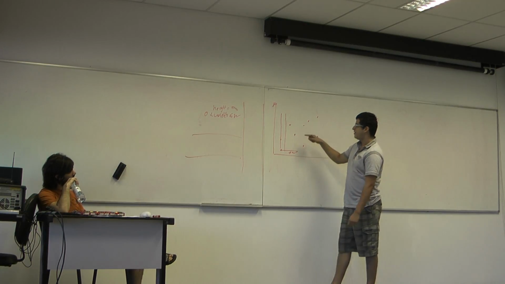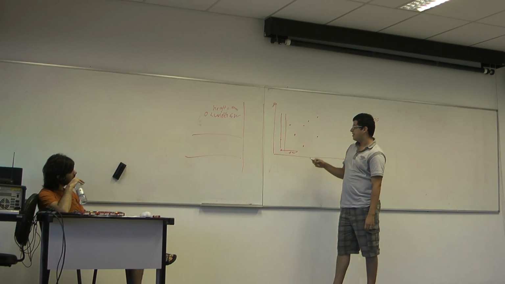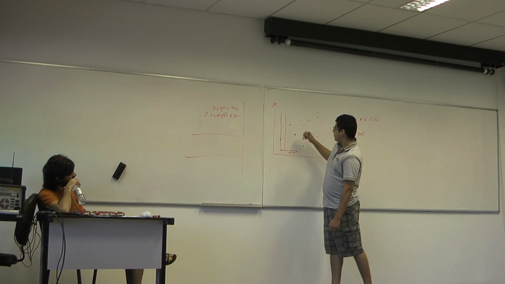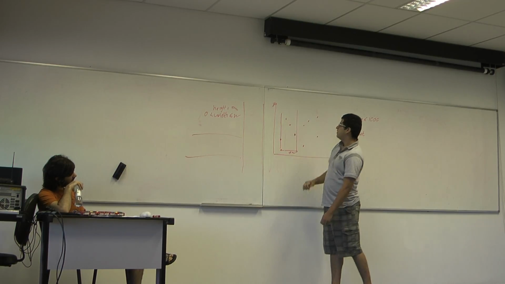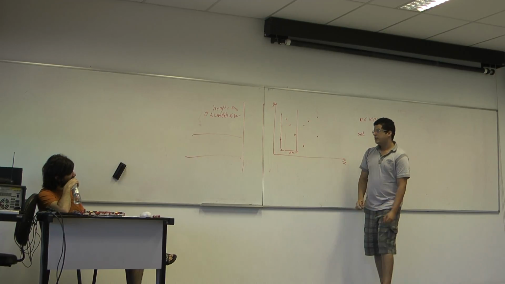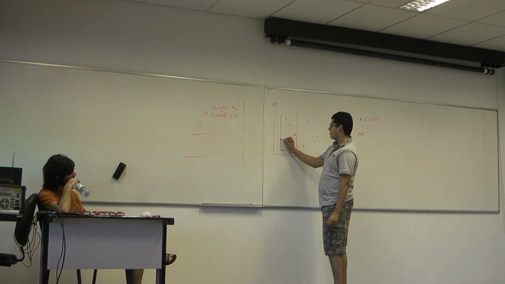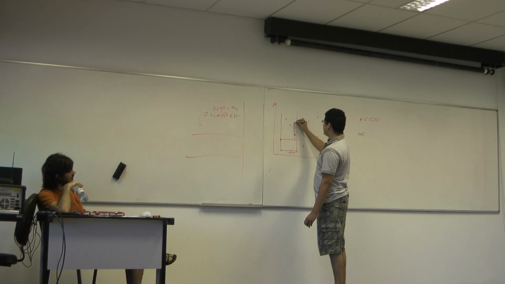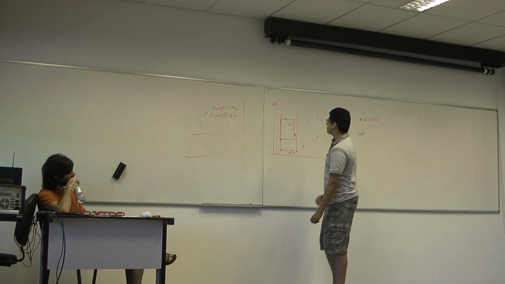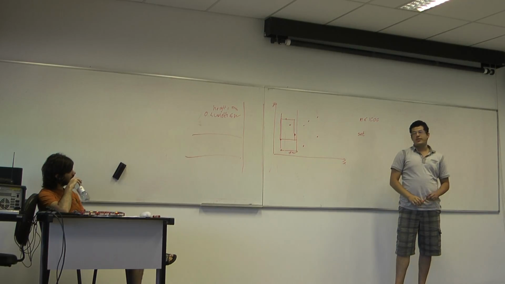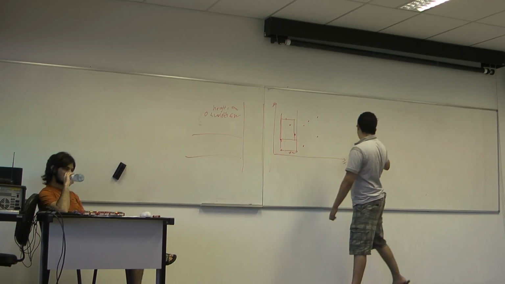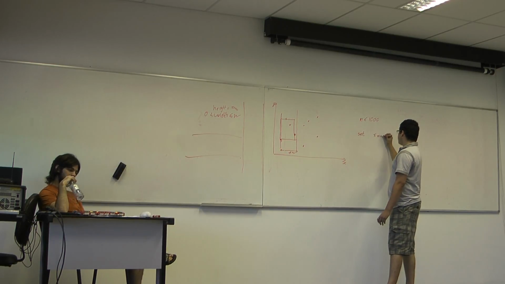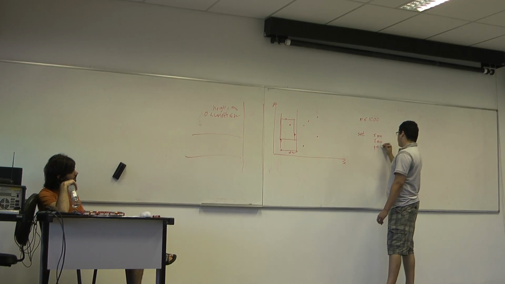Because a subset of points is identified by, suppose that I have this subset, this rectangle. So for each subset, I just have to keep the minimum x, the maximum x, and the same for y.